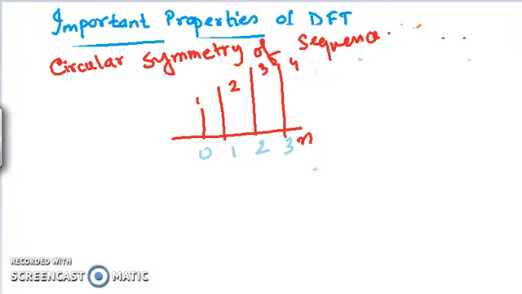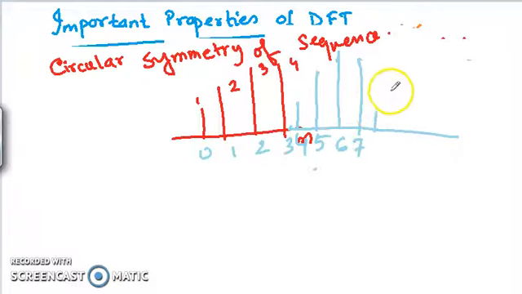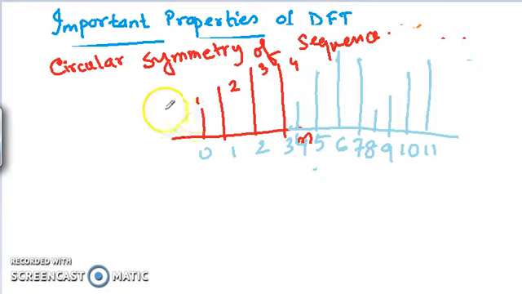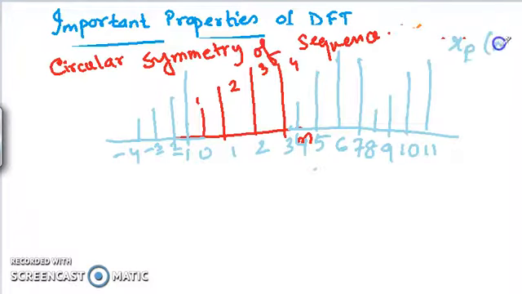That means if I extend this sequence, it will again be 1, 2, 3, and 4, repeating forward, and even before zero we are getting 4, 3, 2, 1, at minus 1, minus 2, minus 3, minus 4. So this is a periodic sequence of x(n) now.